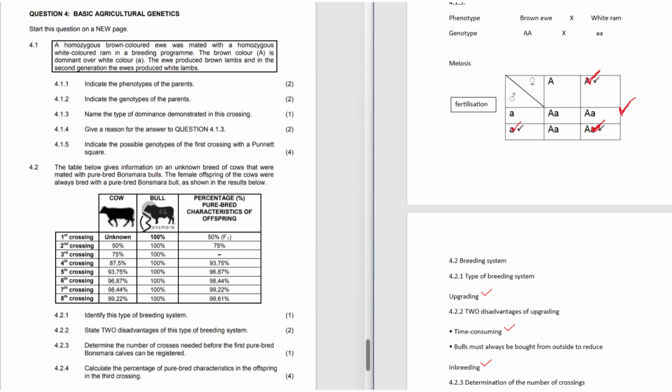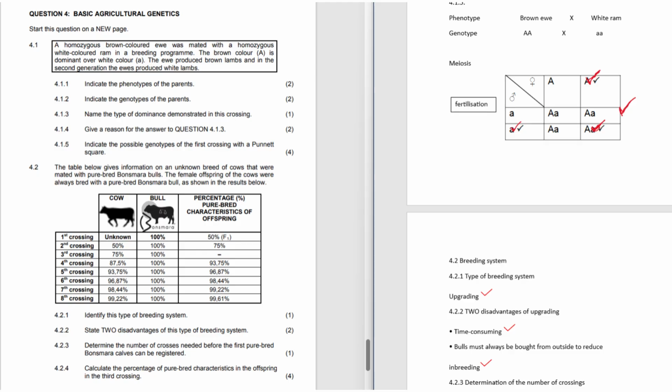So you have to get a bull that is outside of the herd. That means we have to buy that bull or rent that bull. Because if you take the bull that is in your herd, that means you'll be doing inbreeding.